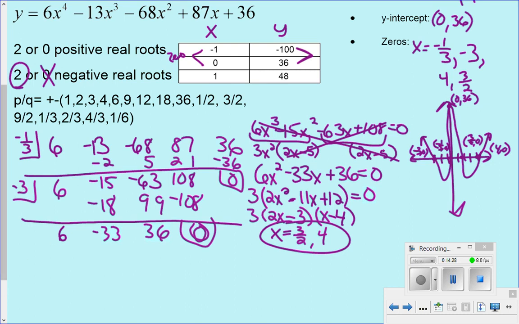All that does, if I get 1, 0, is tell me that I should try 1 in synthetic division. Okay, so what I'm saying is this table here does not count as me getting a root. I get the root when I use synthetic division and I get a 0 remainder, or when I factor it and I get x equals 1. So you don't count that table. That table really is just a guide. It's a helpful hint as to what to try.